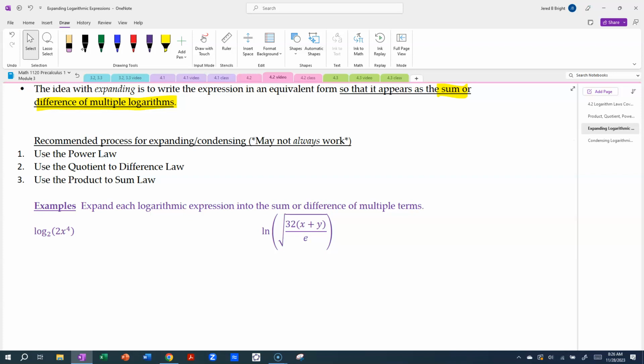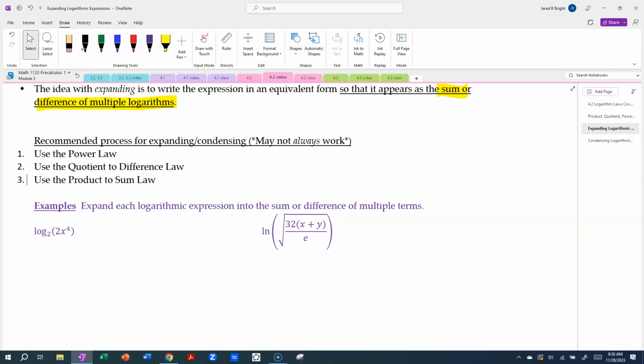Can I bring an exponent down front? Can I put an exponent that's in front up? I have to be able to go both ways with the power law. Similar thing with the quotient or difference and product or sum, but I'm going to try the quotient or difference law second, and then finally end with trying to use the product or sum law. Okay, so let's see these in action.